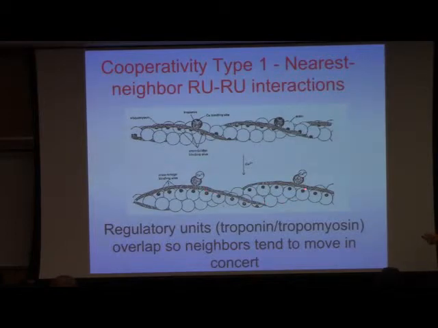These tropomyosins connect together end to end. Each one spans about 7 units, but they work together end to end, and so they communicate. When one turns on, it tends to pull its neighbor on. So this is part of it, something called cooperativity type 1. This RU is for regulatory units. So one regulatory unit talks to its neighbor and helps to turn on the system.